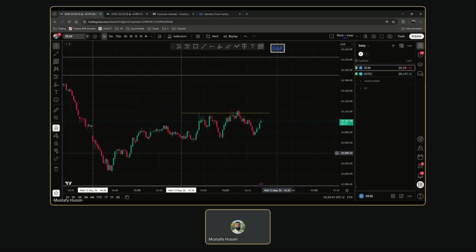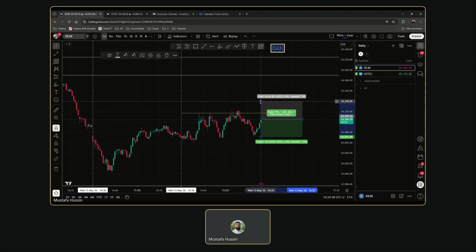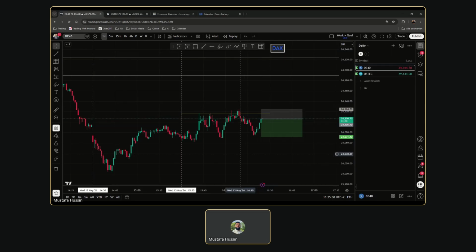I'm going to take a short position on the DAX. Right, just enter the DAX right there, put my stop loss underneath this area.